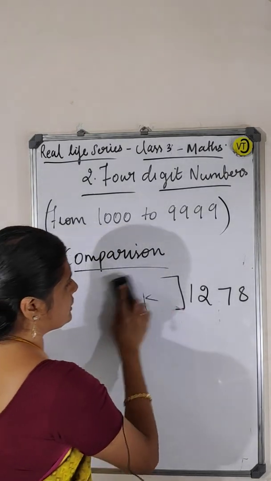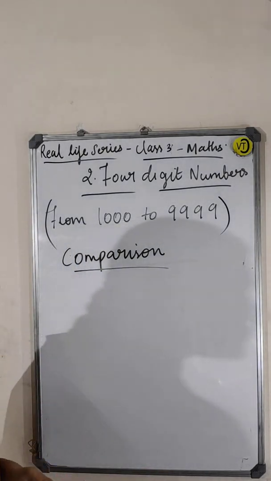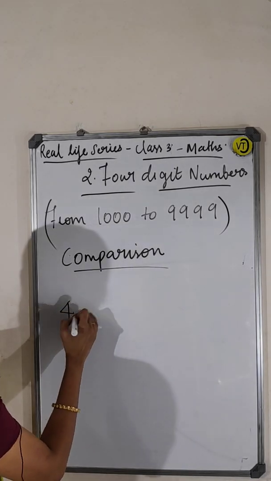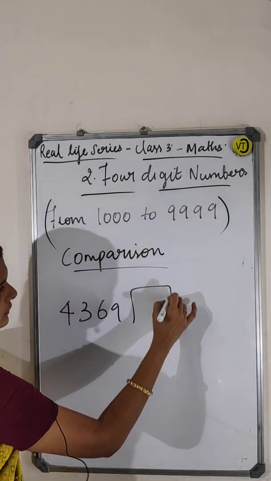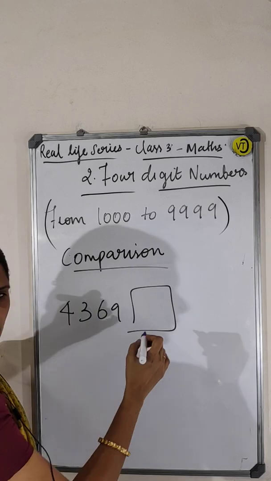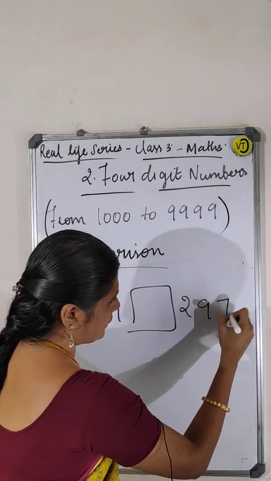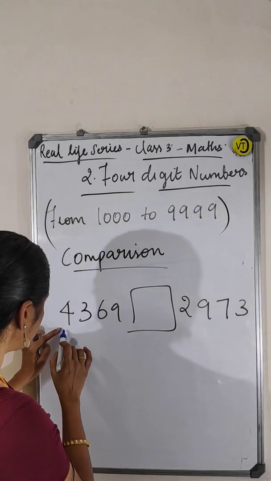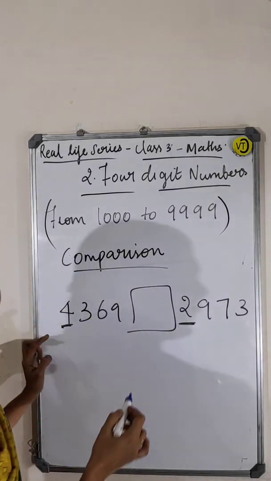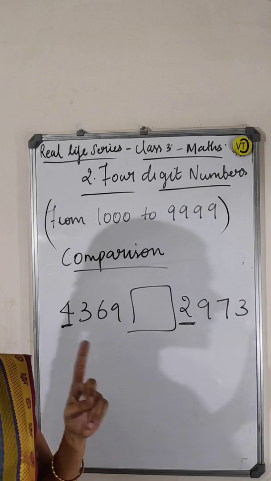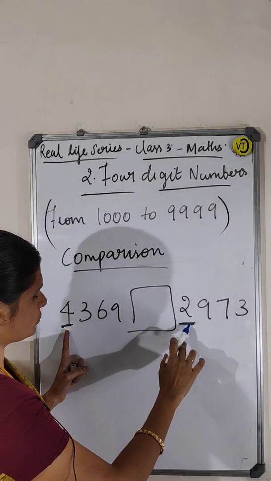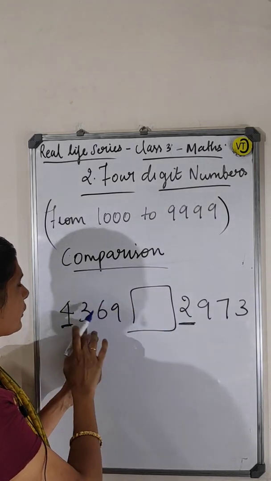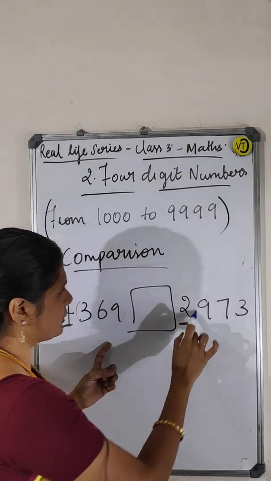The next question is, see now, 4369. Here 2973. Here what is the case? The first number I am checking. Leftmost digit you are going to check. 4, this is 2. Which is bigger? I'm not bothering about these 3 numbers.